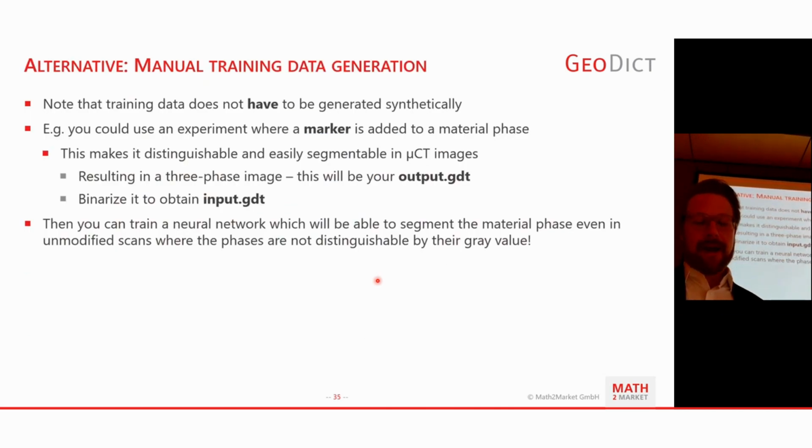So now, as you have seen the folder structure and how the synthetic training data can be generated. Of course, if you have other means of generating this kind of training data, you can also do that. So for example, if you could somehow mark a material phase of your material using something that shows up as a contrast in a microCT for an experiment.